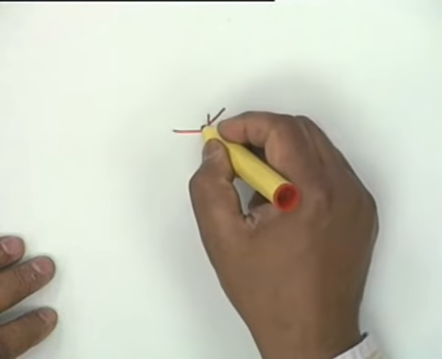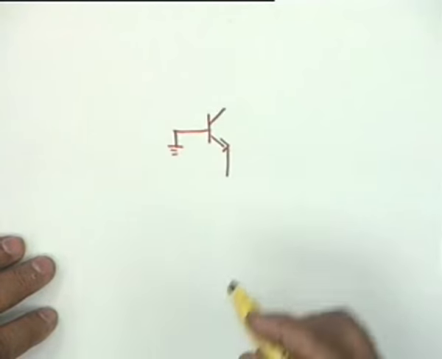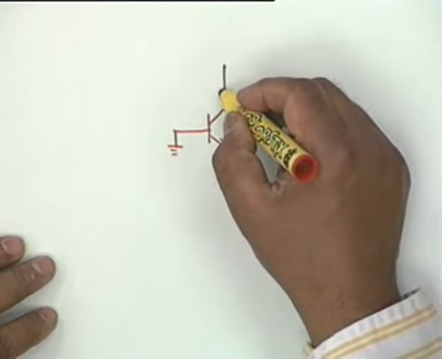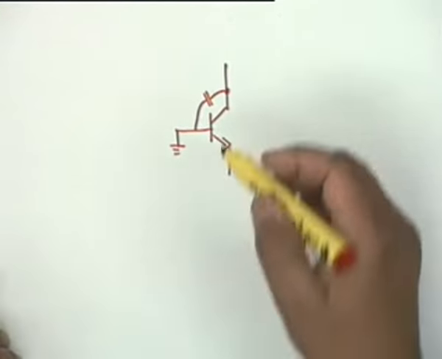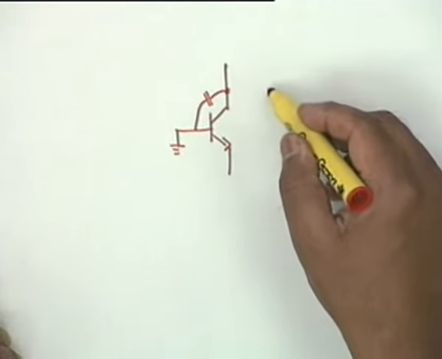A common base circuit. Let me look at this. If the base is common, which means the base is grounded, then C mu simply connects from collector to ground. Okay, and it simply comes in parallel with the load. The load has a capacitance anyway, so it cannot affect. Is that clear?